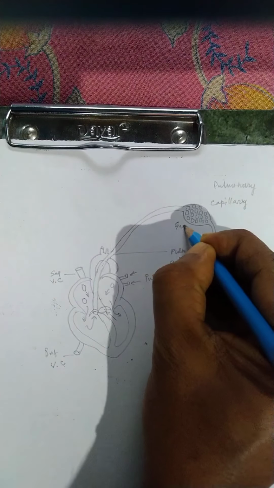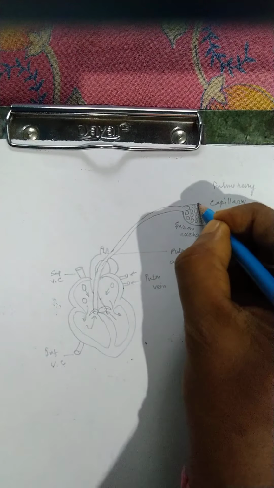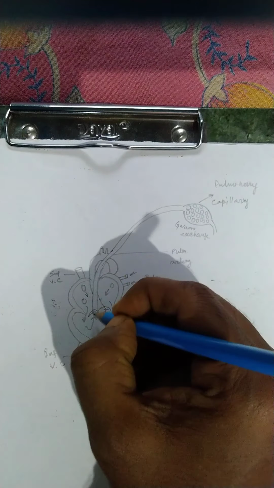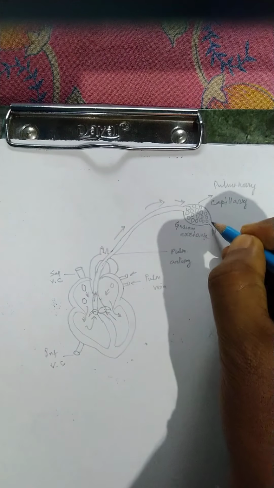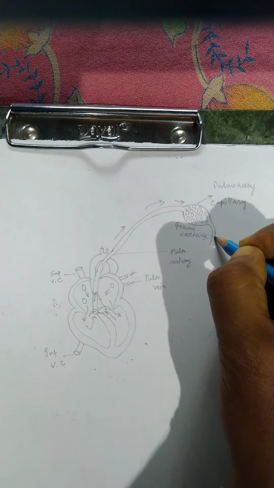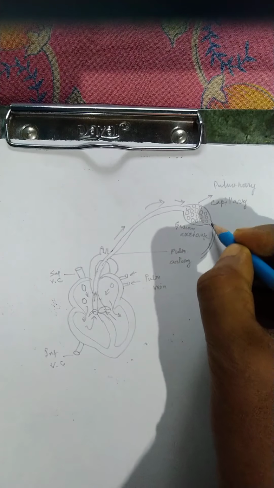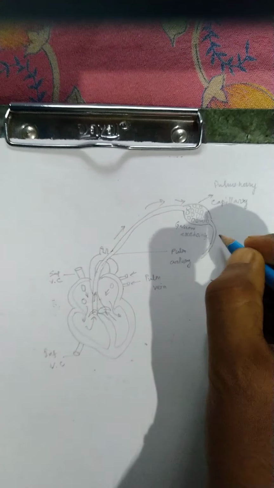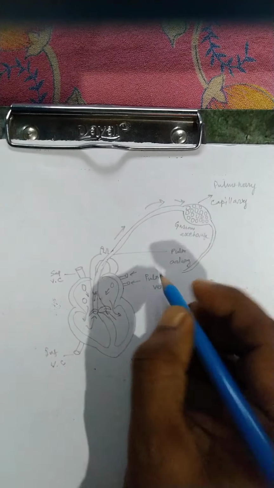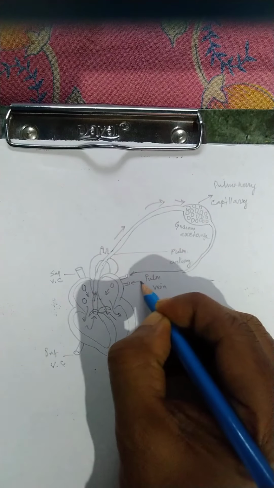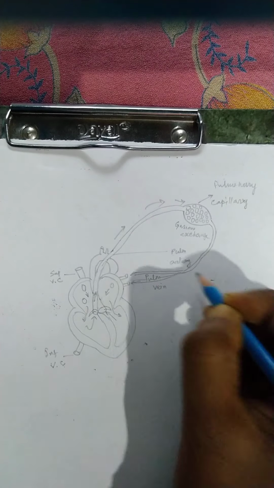Okay, gaseous exchange takes place here, in the pulmonary capillary, and blood comes through that line to that line to that line, and after removing the maximum amount of CO2, the pulmonary vein takes the oxygen rich blood and comes to the left ventricle.